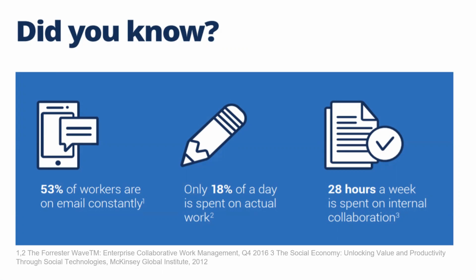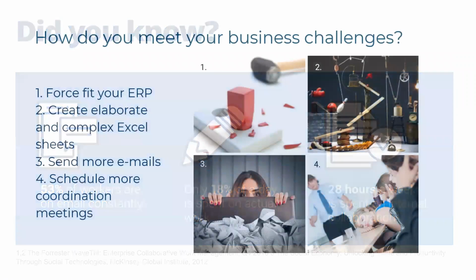Only 18% of the day is actually spent on work, and 28 hours a week is spent on internal collaboration. So that collaboration is probably taking place with a lot of phone calls and a lot of meetings. And so that really burns your efficiency. It really leaves a lot of untapped dollars on the table.